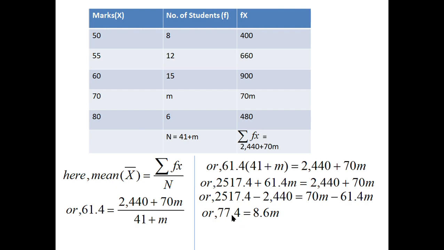After that 77.4 gets divided by 8.6, and it comes m equal to 9. So the missing frequency has been obtained, that is m equal to 9. So this is the reverse process for finding mean, where the mean is given and the unknown frequency is found.